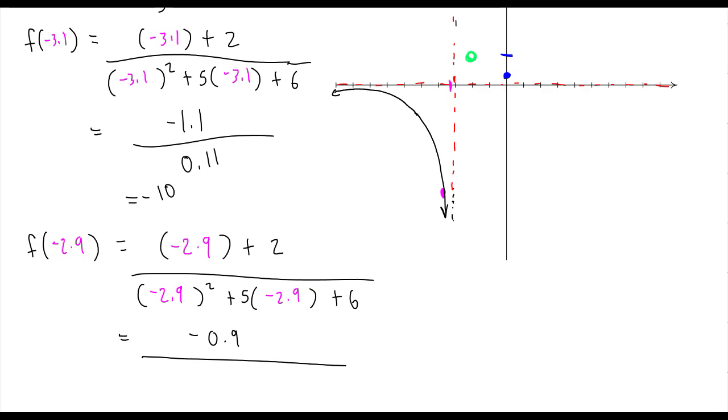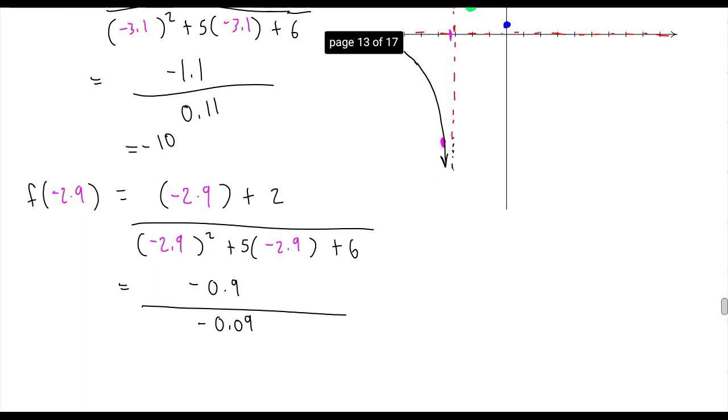I'm more worried about the denominator. Things get a little tricky when you start squaring decimal values. Negative 0.09. So if I divide negative 0.9 by negative 0.09, I get positive 10.